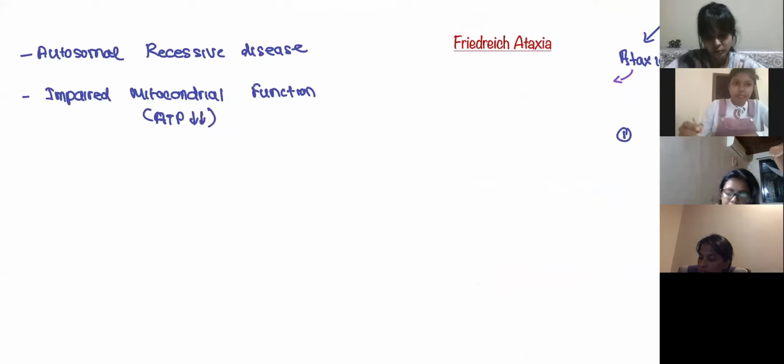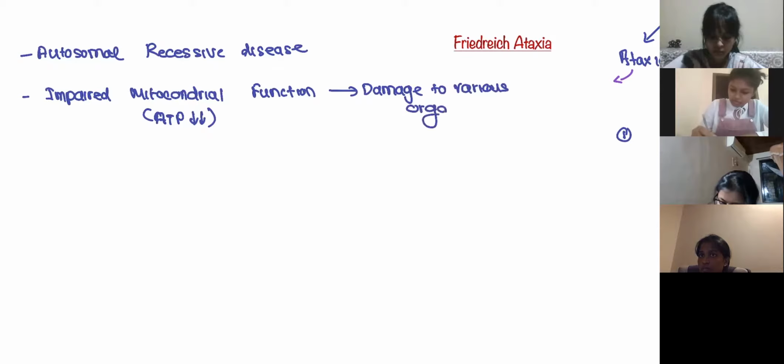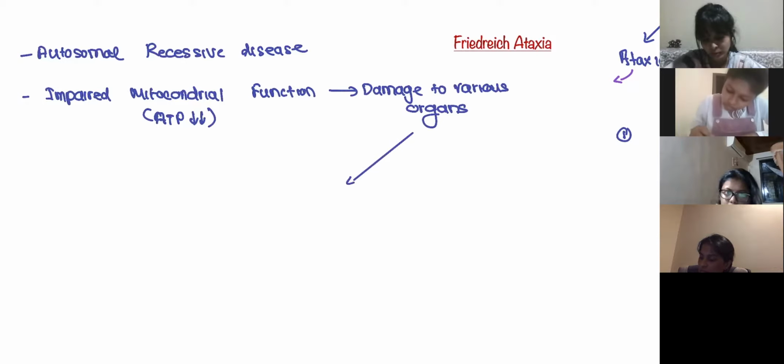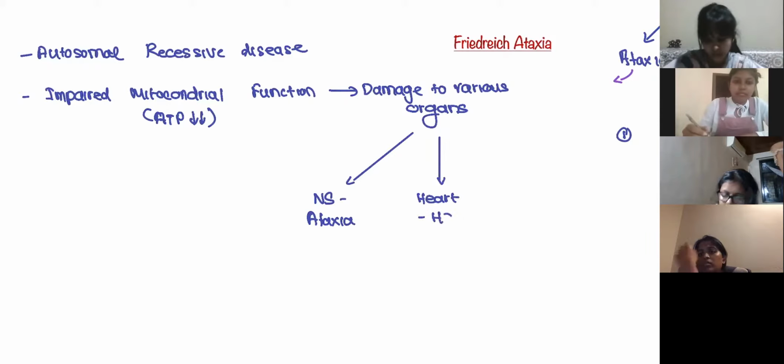Okay, and this causes damage to various organs. Okay, so if it causes damage to the nervous system, it leads to ataxia. If it causes damage to the heart, it causes HOCM.